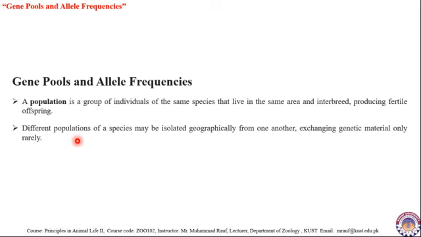It also happens that at times the members of a population get separated from each other and they rarely get opportunities of mating with each other, and if these two populations are exposed to different environmental conditions, then with the passage of time they will accumulate differences and eventually they will evolve into two different species.